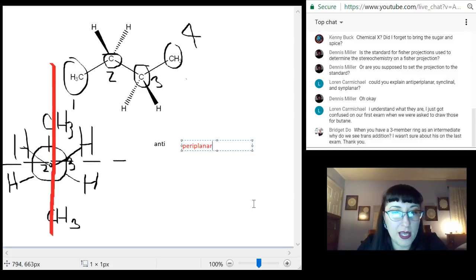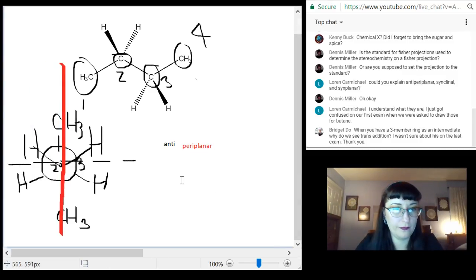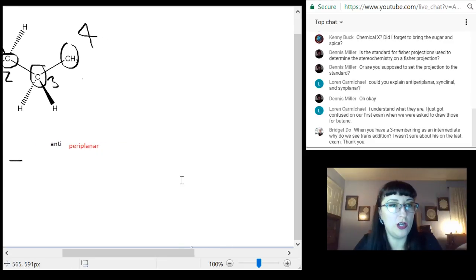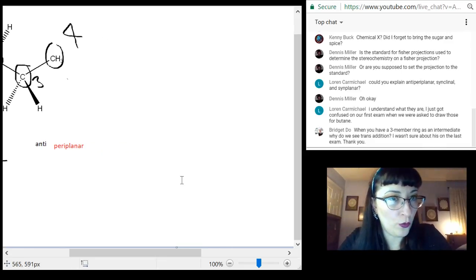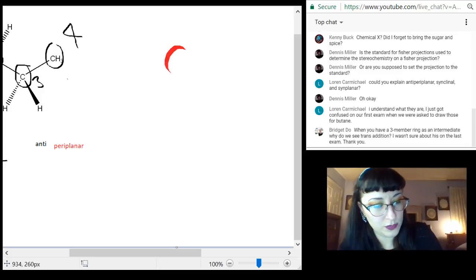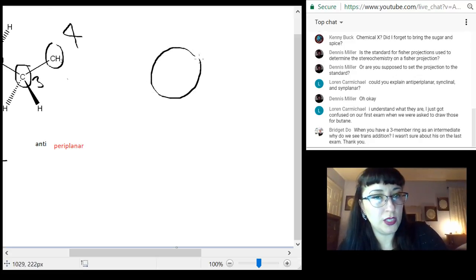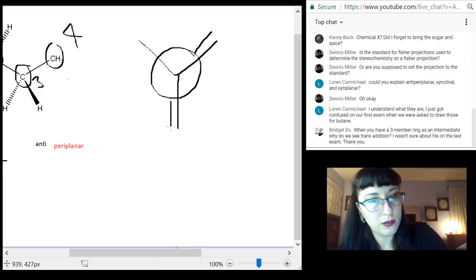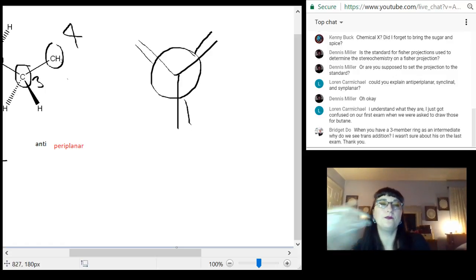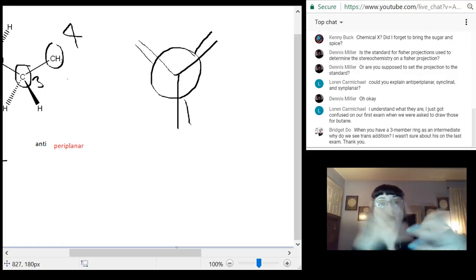Now, let's say I draw a different one. So I rotate around carbons 2 and 3 and I get something different now. So now I'm looking at something where I've rotated the molecule in a way that it looks like that. Okay, they're basically eclipsing each other.